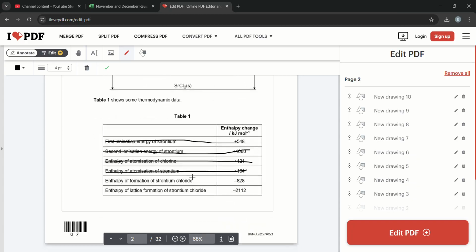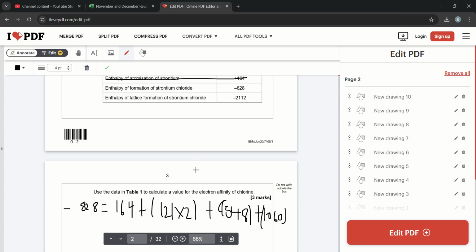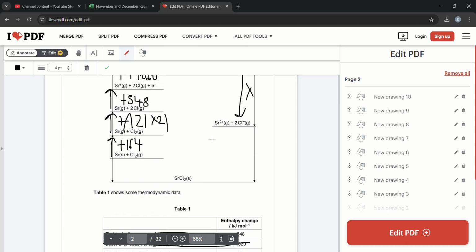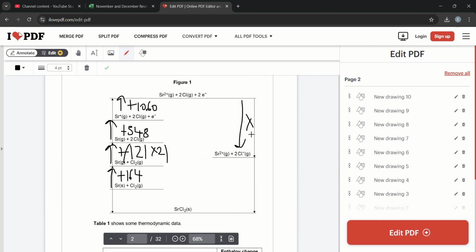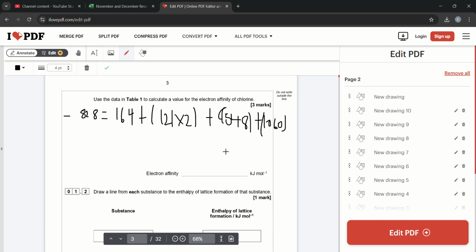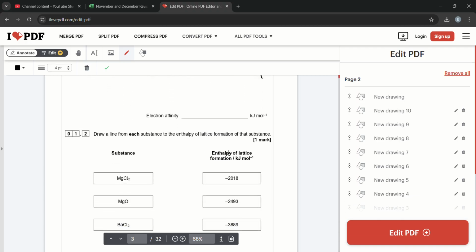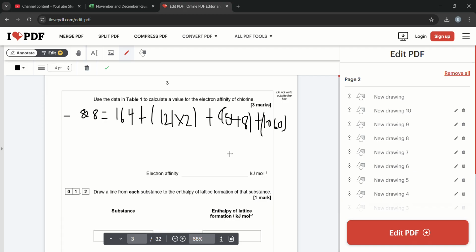Well, no, because this is the electron affinity of chlorine, so it's going to be times by 2 because there's 2 chlorines, so it's going to be 2x.